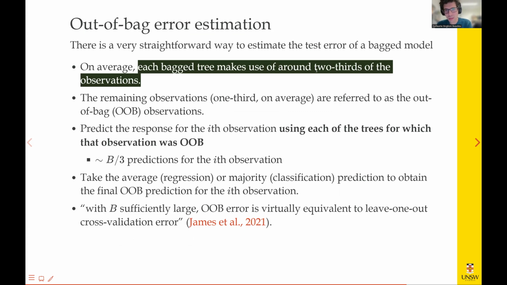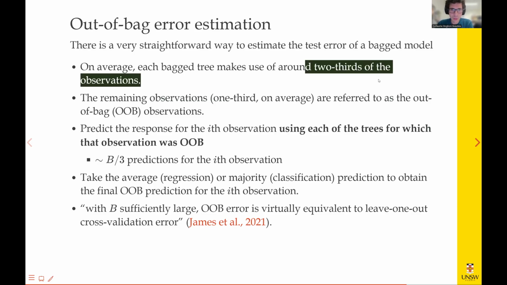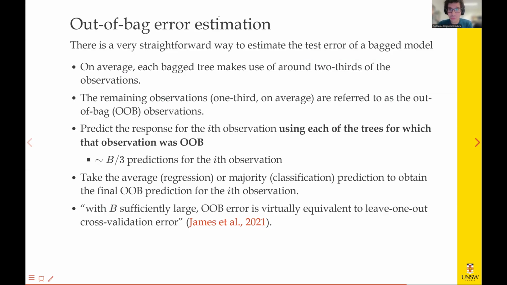I don't think the maths is too complex to show: if your bootstrap sample has the same number of observations as your initial data set, then on average 2/3 of the observations will be used. Let me rephrase. In any given bootstrap sample, on average, 2/3 of the initial data are there, which means that on average, 1/3 of the initial data is not there. So 1/3 of the observations are out of the bag.